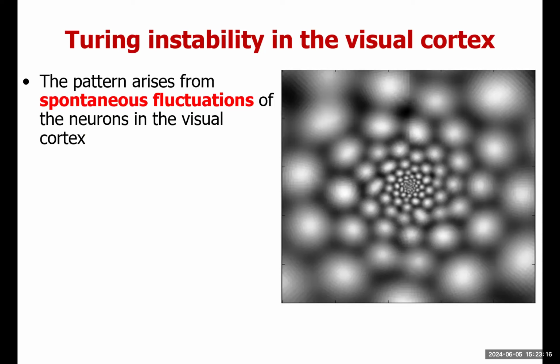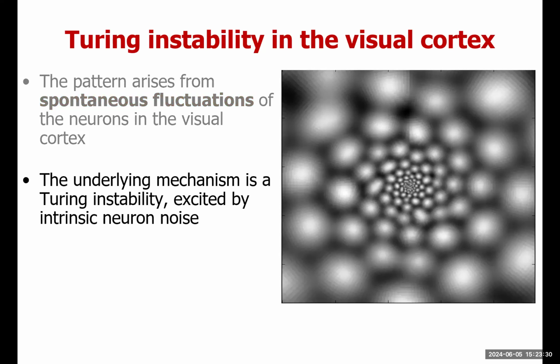This pattern arises from spontaneous fluctuations of the neurons in the visual cortex. When you look at the neurons, they are randomly firing, and those firings can create these patterns. So the underlying mechanism is a Turing instability, but it's excited by intrinsic neural noise.